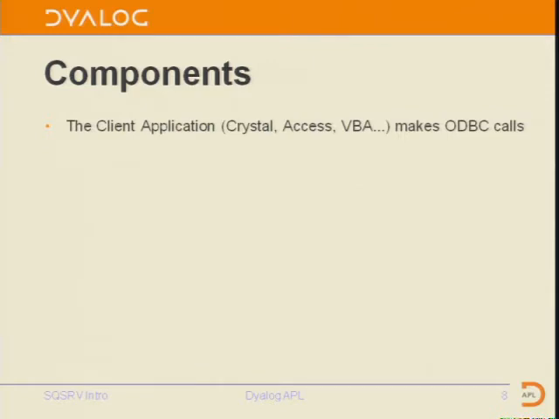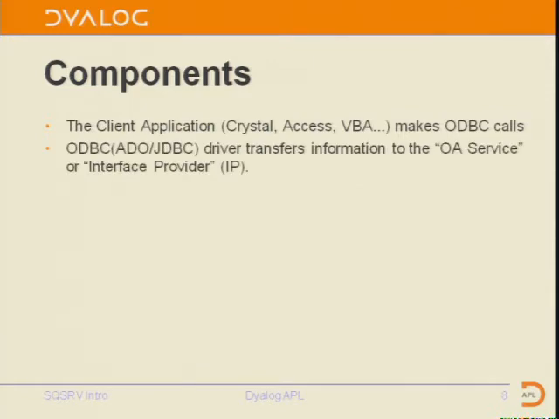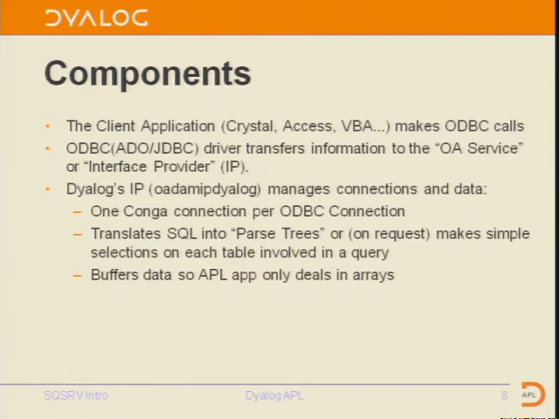So going through that again, on the tech side, you've got your client-side application. It talks to an ODBC driver, for example. That talks to the service provider. And then our layer translates, well, with the help of Data Direct software, we translate the SQL into a parse tree in a form that an APL programmer can hopefully easily deal with.